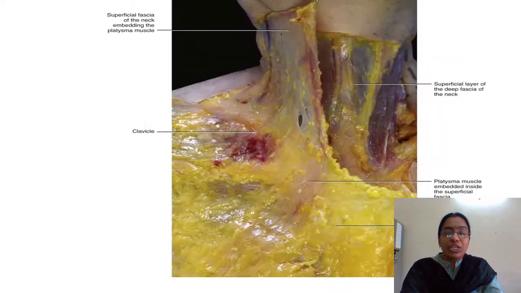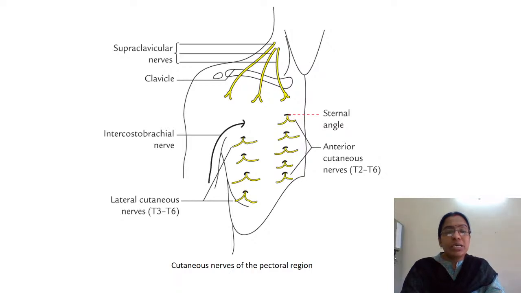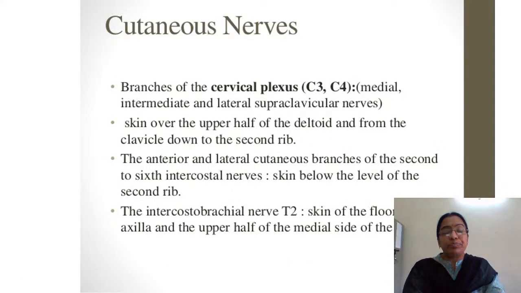The fascia consists of a moderate amount of fat. The cutaneous nerves supplying the pectoral region up to the second intercostal space are the supraclavicular nerves of the cervical plexus: medial, intermediate and lateral. Below it is supplied by the anterior and lateral cutaneous nerves. This is the cutaneous nerve supply of the pectoral region.